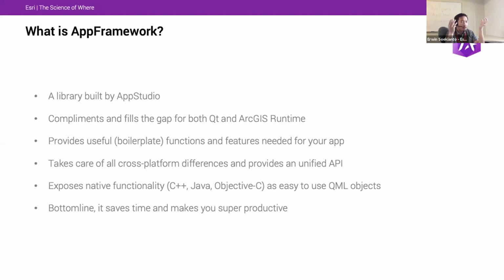ArcGIS Runtime provides all of the mapping-specific functionality, and Qt provides all the user interface. But still, between these two, there is missing functionality that we need to create apps. Not just for you, but even for ourselves. When we created Survey123, when we built QuickCapture, when we built Companion, we built a lot of different apps. We felt like, oh, this is missing, and then we went ahead and built it ourselves to complement the gap so that it is a complete solution to create a native app.